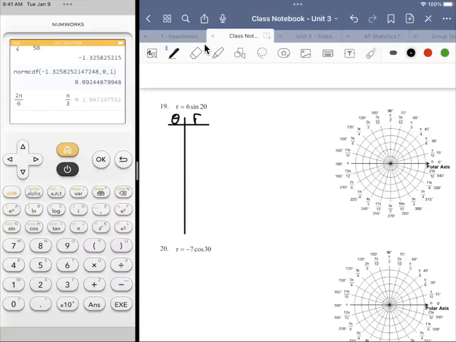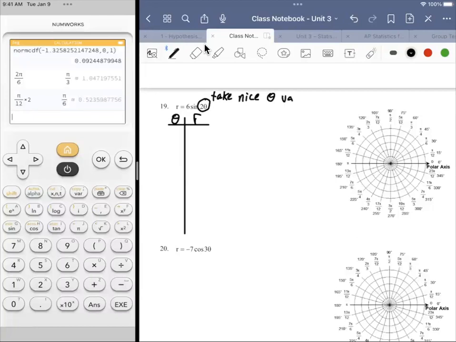But if I have pi over 12, multiply that by 2, I get pi over 6, which is a nice value for sine. All right. So what this is telling me to do here is take the nice values for sine and divide by 2. All right. Why 2? Because that's the coefficient.